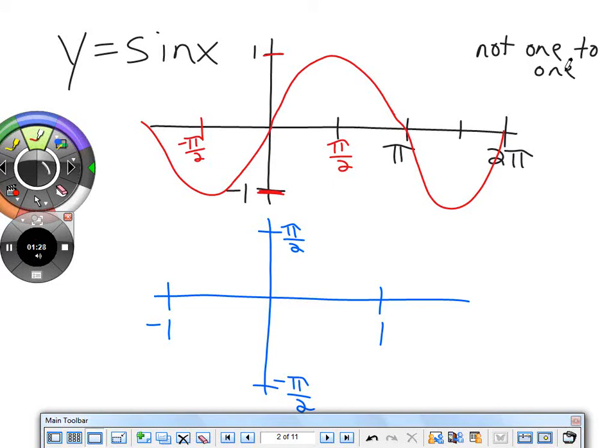So they've decided to define the inverse sine function from right here, negative pi halves, to right here. The part that I'm saying is purple is going to be 1-to-1, this whole area here.